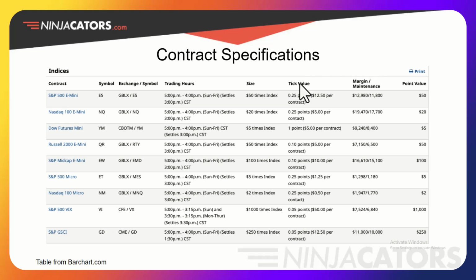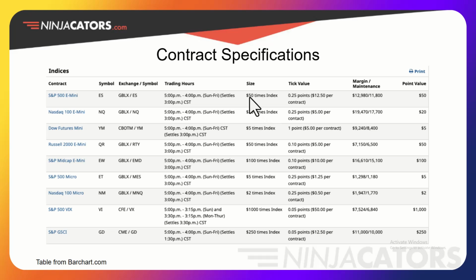The tick value of the S&P E-mini is 50x. So every single point that SPX goes up is a $50 move with this futures contract. The NASDAQ, 20 times. That is a ton of leverage. Also, it's good to know that there are micro contracts. The micros would be 1/10 of this.